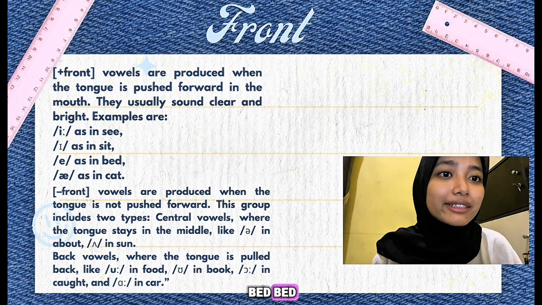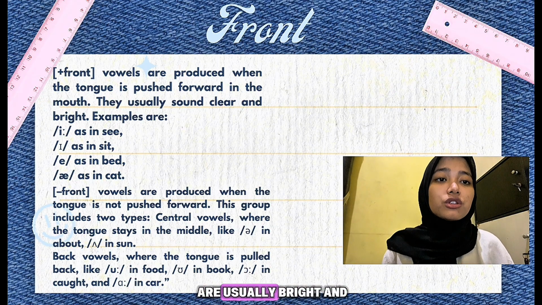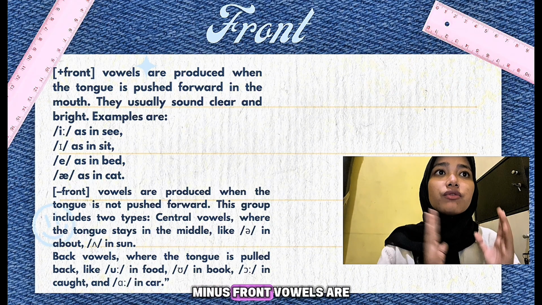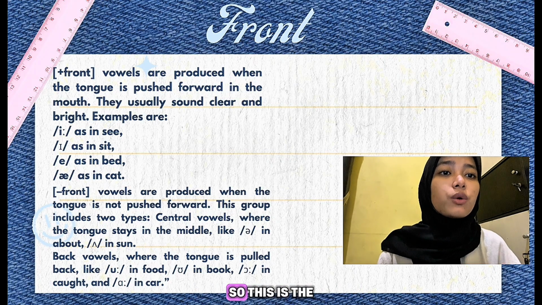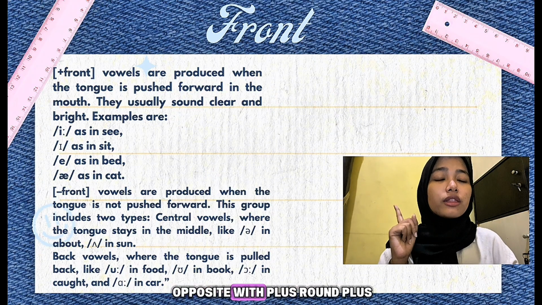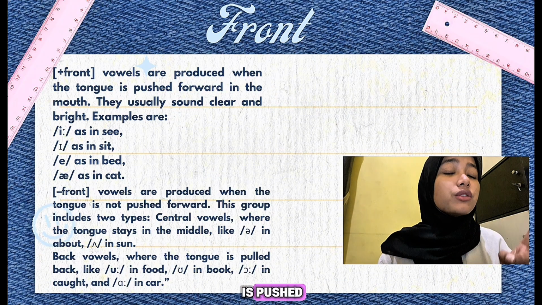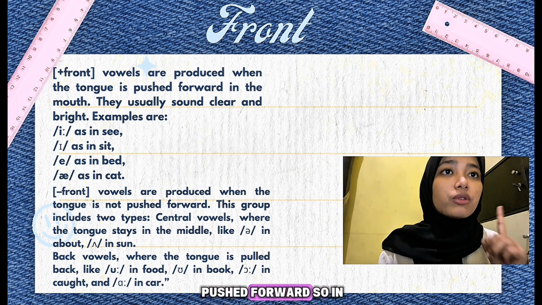These sounds are usually bright and clear, right? Minus front vowels are produced when the tongue is not pushed forward. This is the opposite of plus front: in plus front the tongue is pushed forward, and in minus front the tongue is not pushed forward.